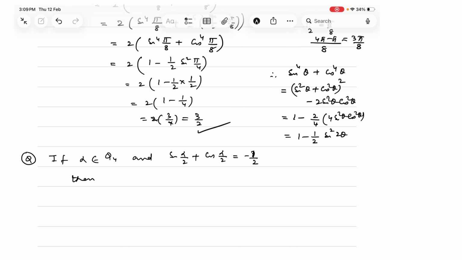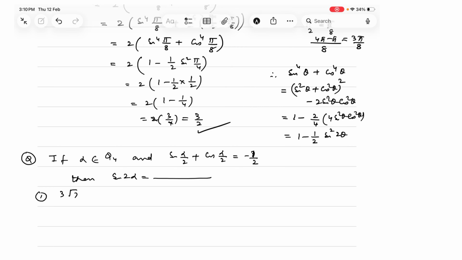Then the question is, find the value of sine 2 alpha.